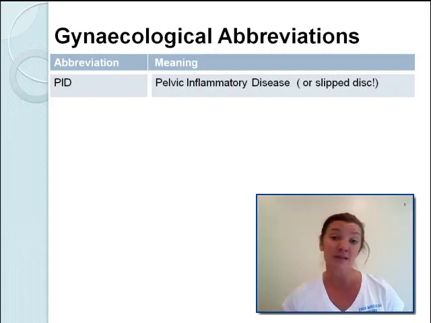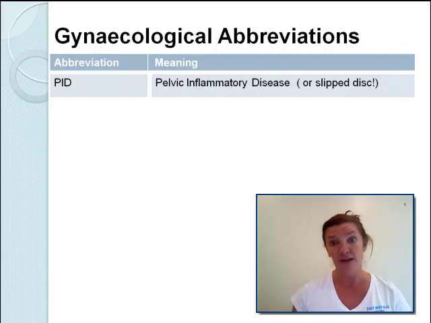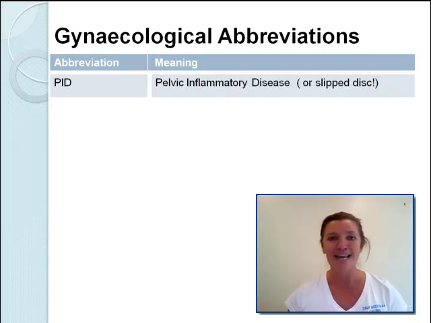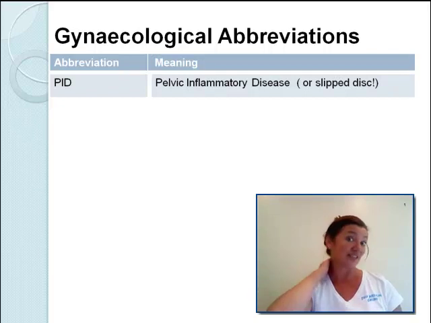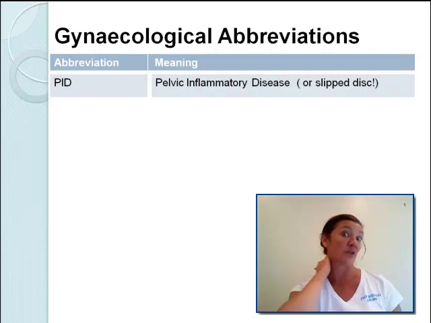And there are many reasons why a lady may have PID, pelvic inflammatory disease. But we also have to remember to put this abbreviation in context. PID referred to a slipped disc, but normally in that case it would have numbers after it. For example, PID C6, C7, a slipped disc between the 6th and 7th cervical vertebrae.